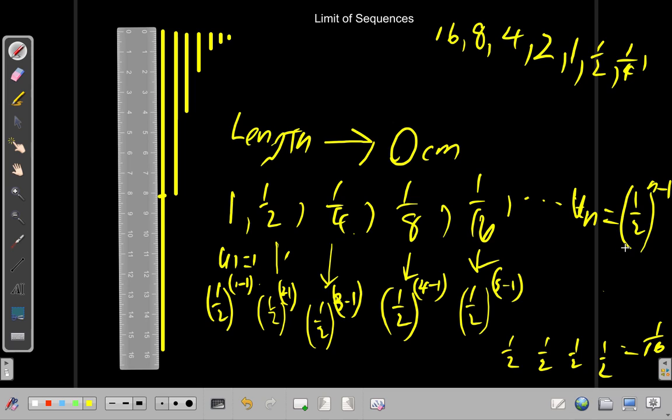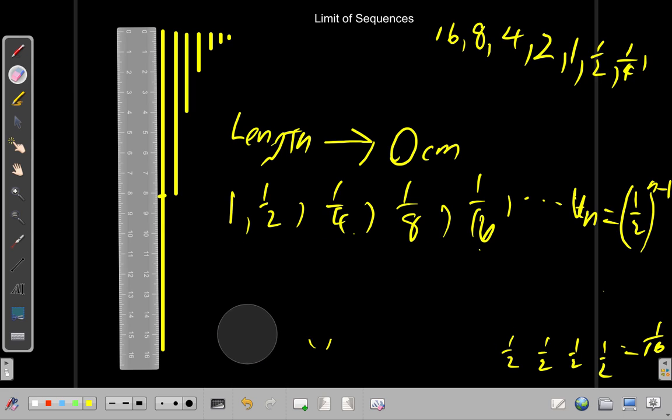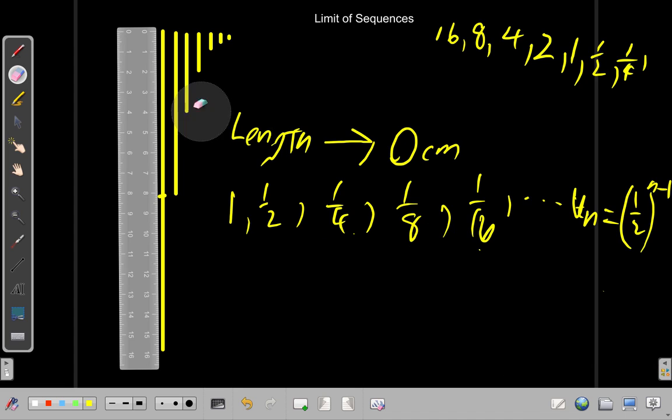Now, this term tends towards 0. Now, let me erase this part here. Here now, the limit of this term is 0. Now, when you say the limit of a term, you're talking about the number that the terms are approaching, right?